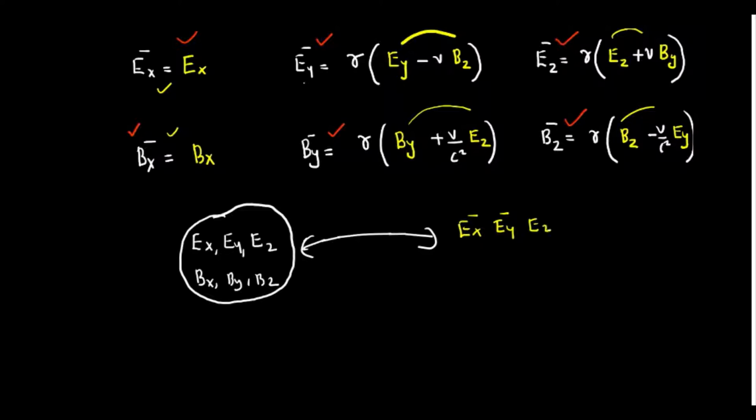I could have written the bar index in white and the other in yellow, but anyhow this is transforming in both ways. Then Bx bar, By bar and Bz bar. The transformation from one to another is given in the above six statements.